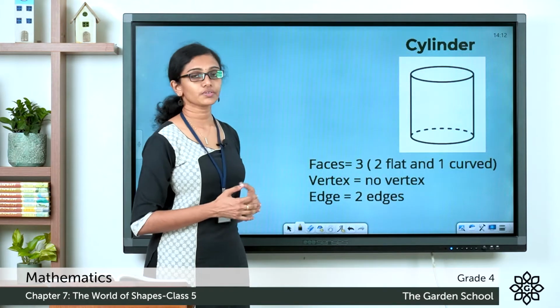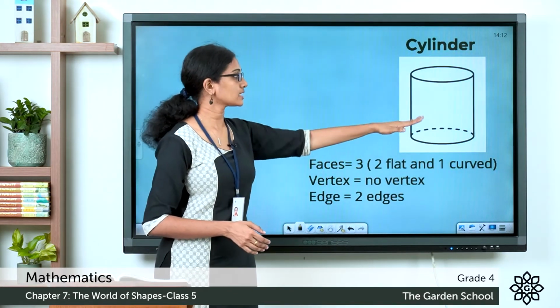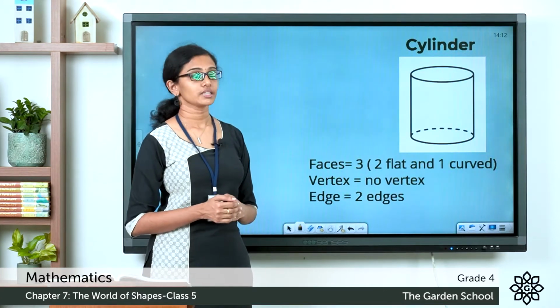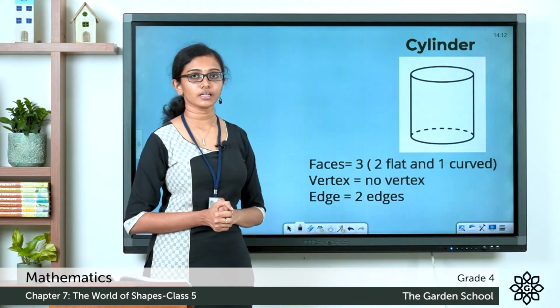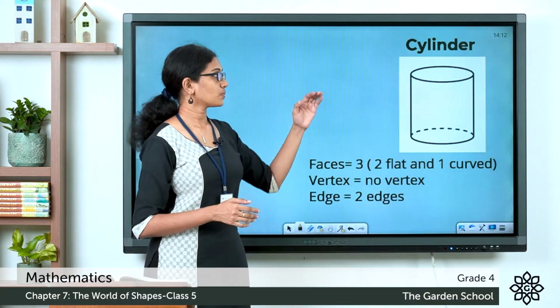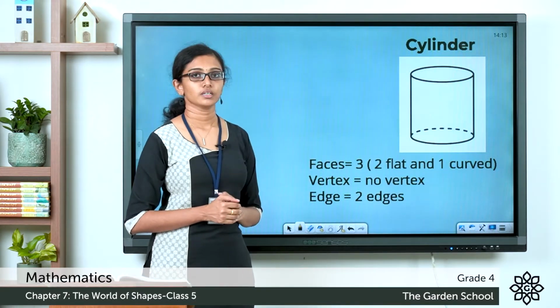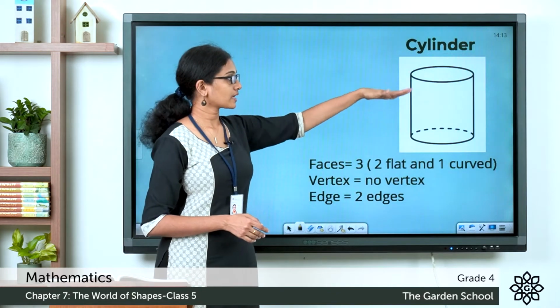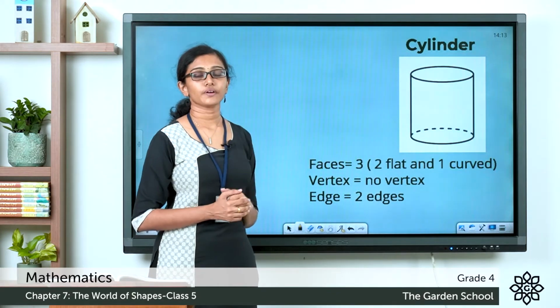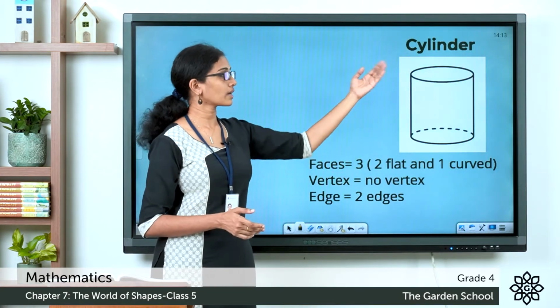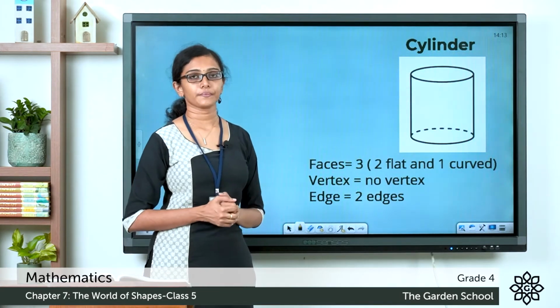There are a total of 3 faces, 2 flat faces and 1 curved face. And what about the vertex? Is there any sharp corner point there for a cylinder? No. So for a cylinder, there is no vertex. And what about the edge? We can say the flat faces meet the curved face at two sides or two ends. So there are two round edges for the cylinder.